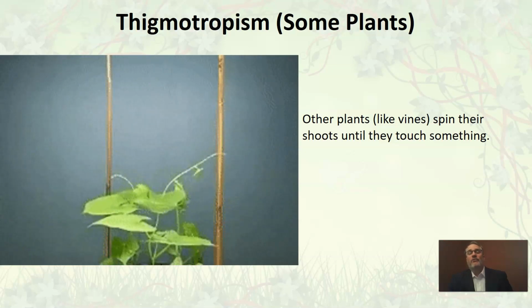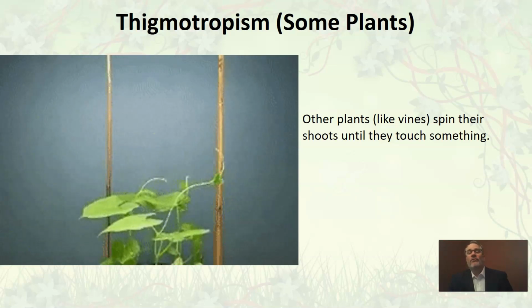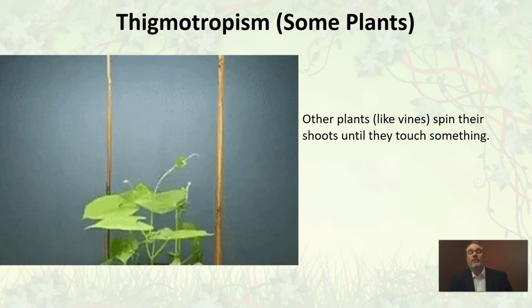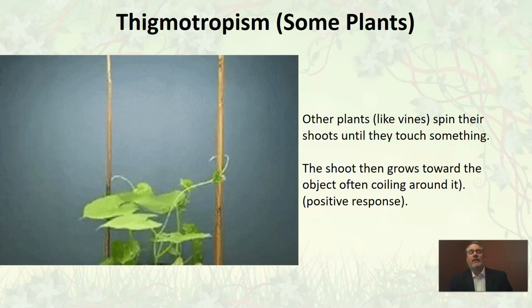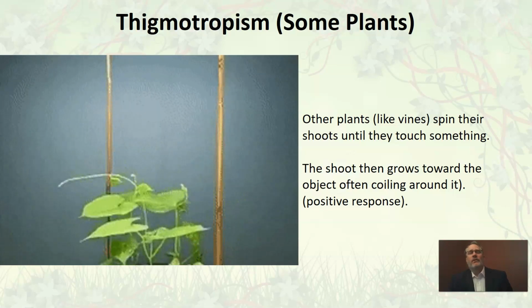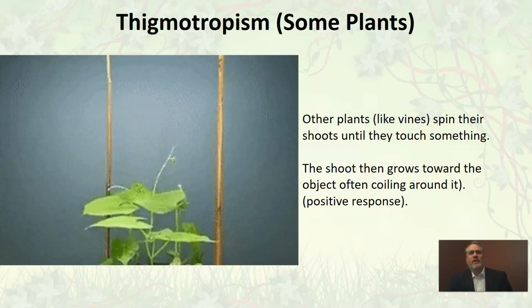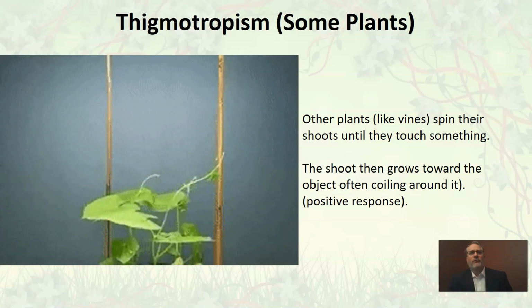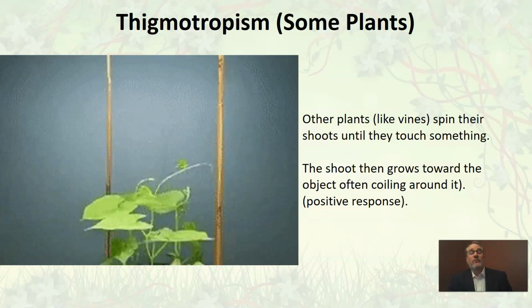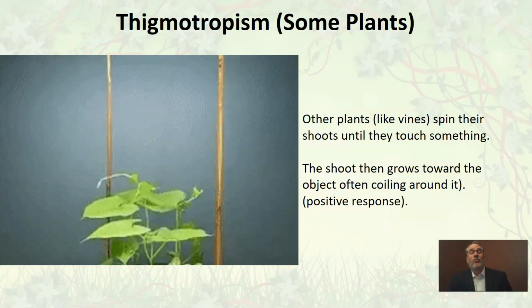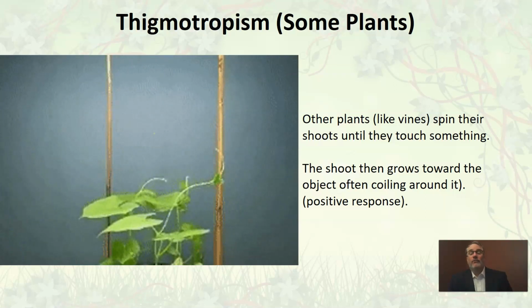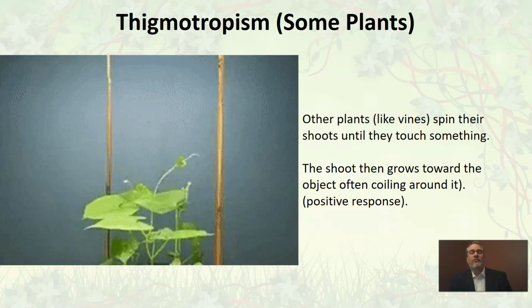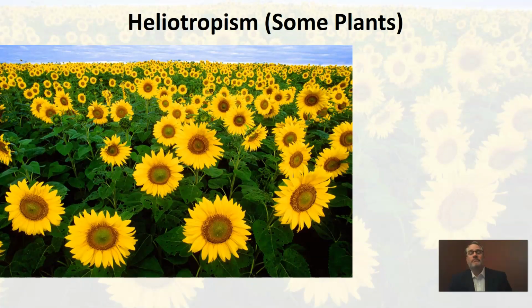They will spin the leading end of their shoot system around in the air until they touch something, and once they do, they begin to coil around it. Vines are generally plants that have relatively flexible stems, and so they need to be able to coil around something and grow on either another plant or something else. So this coiling response is a type of thigmotropism.